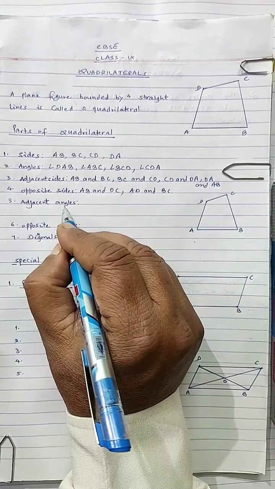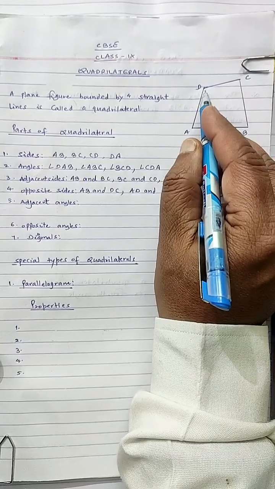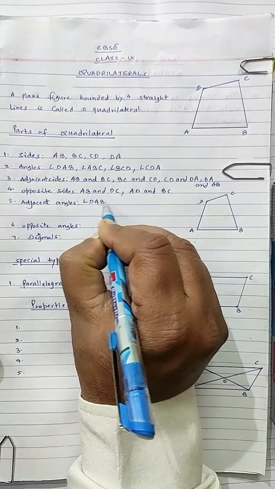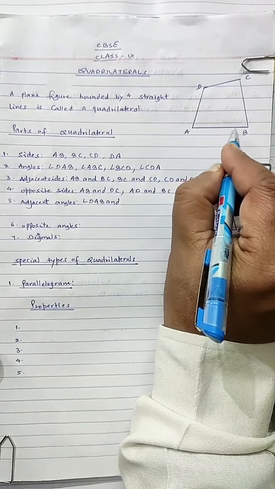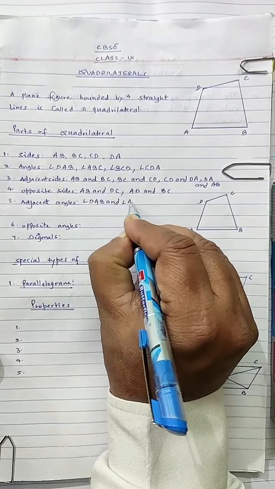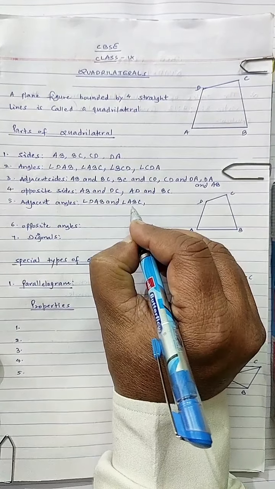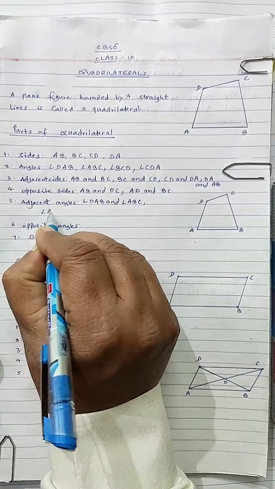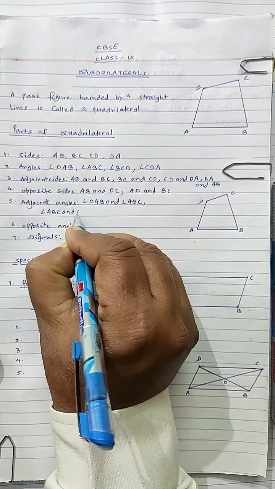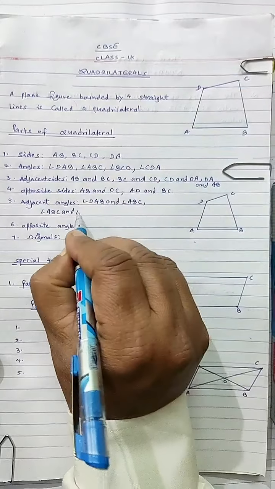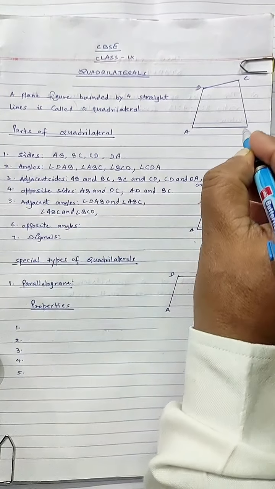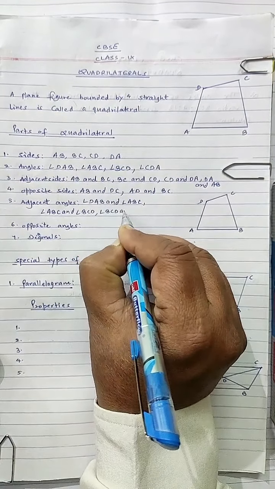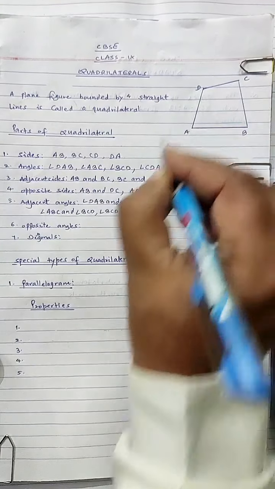Now we have adjacent angles. Adjacent angles are angle DAB and angle ABC. This is one pair of adjacent angles. Then angle ABC and angle BCD. Then angle BCD and angle CDA.